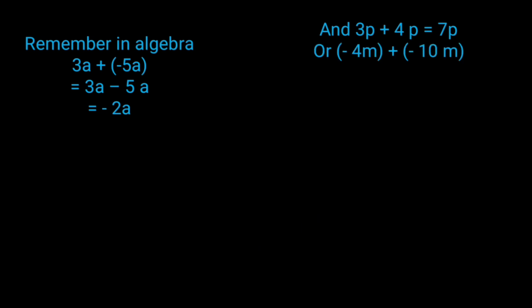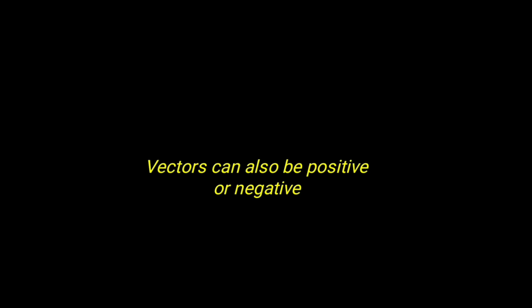Or if I had negative 4m plus negative 10m, this became negative 4m minus 10m to give me negative 14m. So in algebra, terms can be positive or negative. Vectors can also be positive or negative.